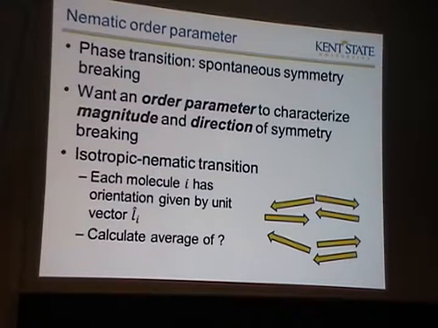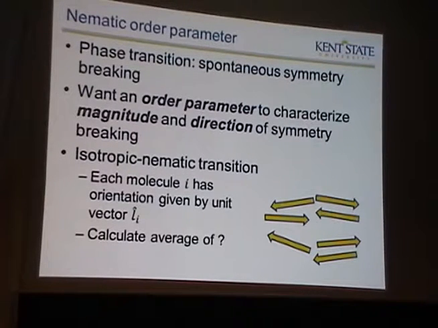Now, in the case of a magnetic phase transition, you have an order parameter, which is the net magnetization, which represents the magnitude and direction of the symmetry breaking. So now we want to construct something analogous to that for nematic liquid crystals. What kind of order parameter would represent the magnitude and direction of the symmetry breaking here?